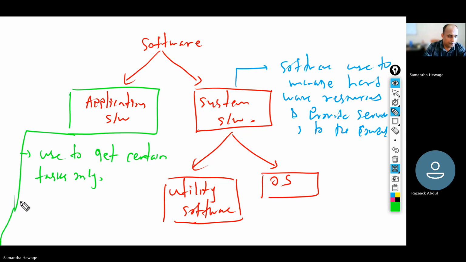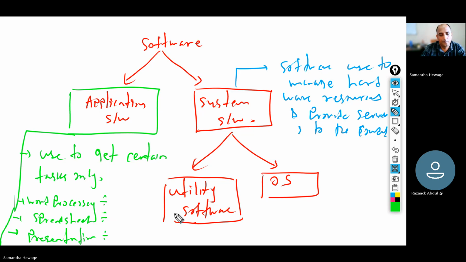For example, word processing, spreadsheet, presentation. So this is about application software.